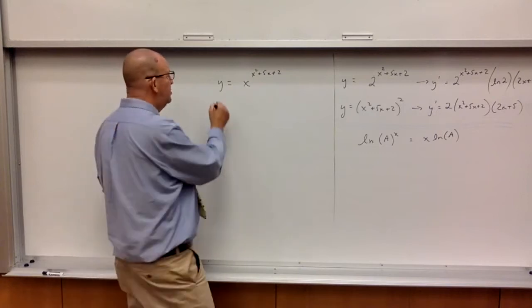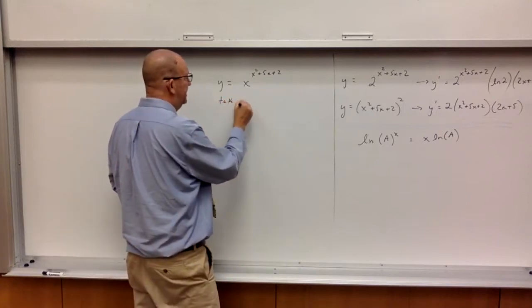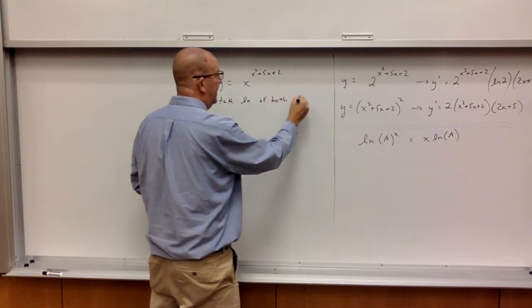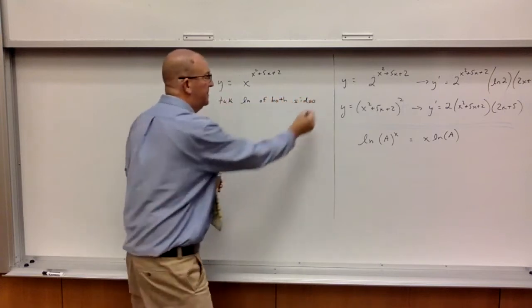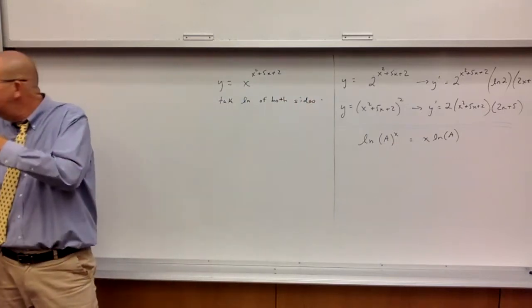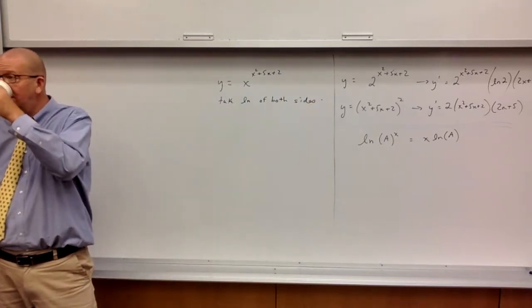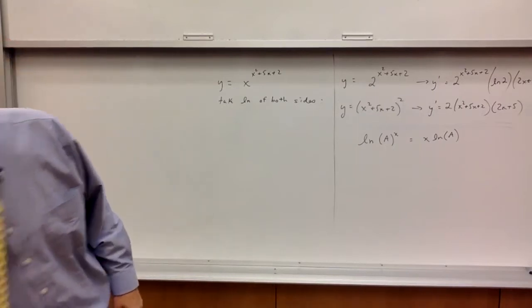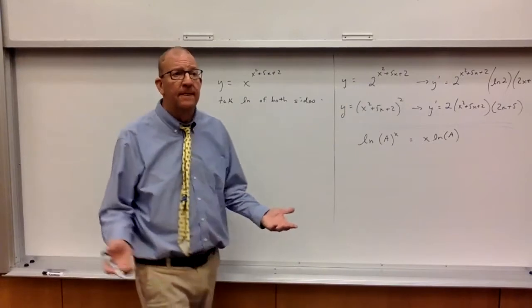And basically what you do is you take the natural log of both sides. And that's the trick. And then we're going to differentiate, then we do the whole thing. And this is what logarithmic differentiation is.